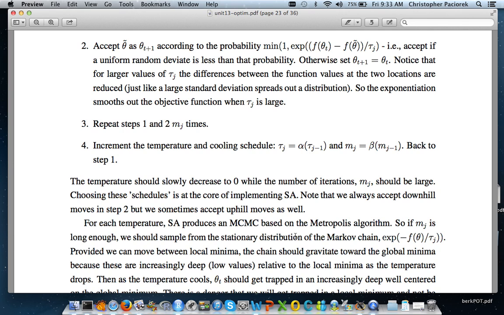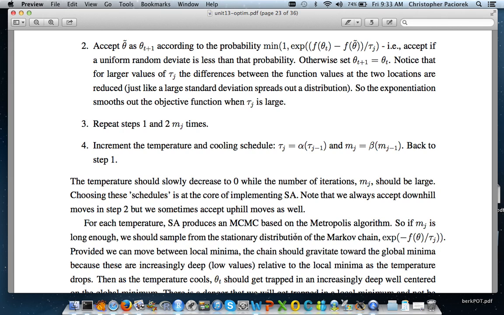What an MCMC does is you're at a current place, let's call that theta t, and you have what's called a proposal distribution that says, how do I move away from theta t? And then there's an acceptance decision: if I propose to move from theta t to theta tilde, there's a rule that says whether or not I accept the move or reject it.